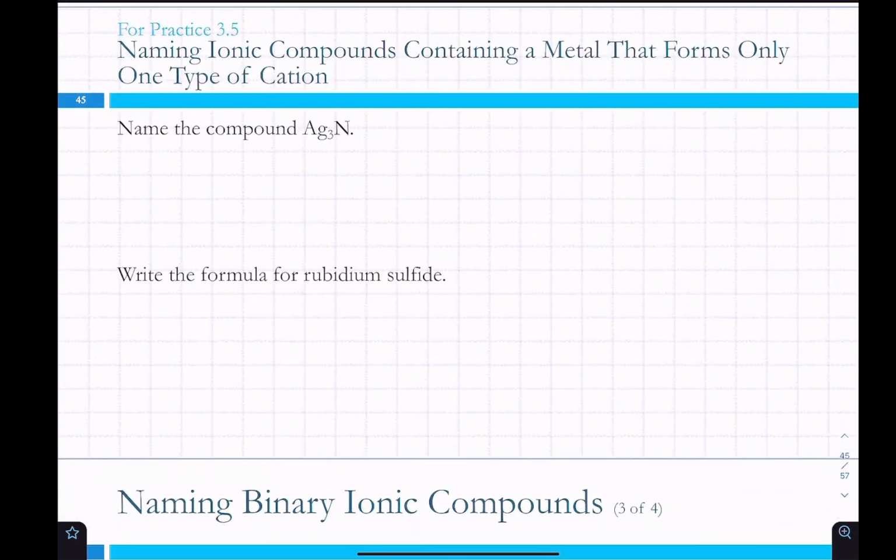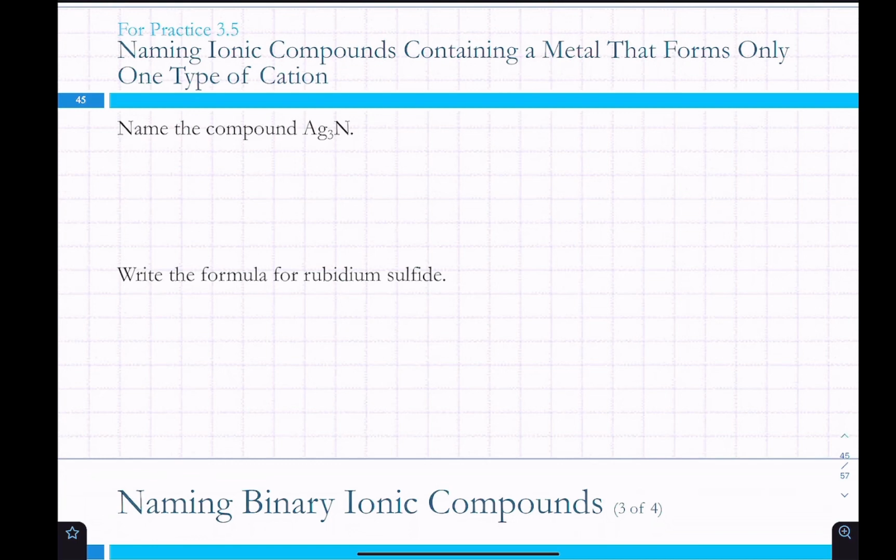So how would you name this compound of silver and nitrogen? What's the first thing that you have to look for? Type of compound. So it's an ionic compound. Yeah, and then what would be next though? We need to check something else. Charges. Well, we're given a compound, so the charges should be balanced in theory.